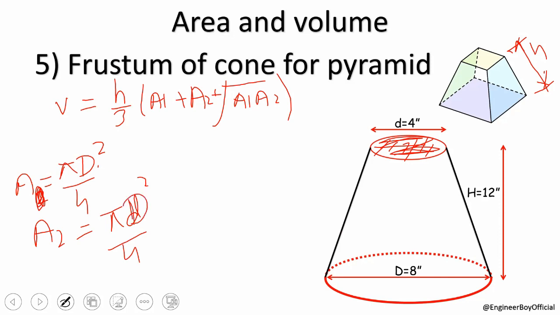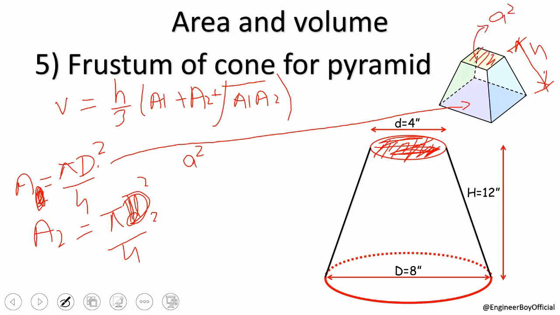You can also keep that capital D2. If this is an ellipse, you can say elliptical, you can of course use pi ab. Now as you can see here, the base is just a square, so you have to use a square for the bottom, and for the top it is the same thing as a square.